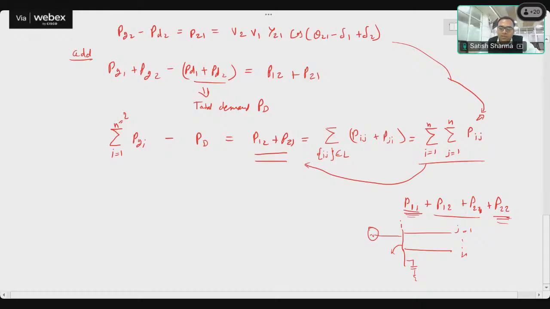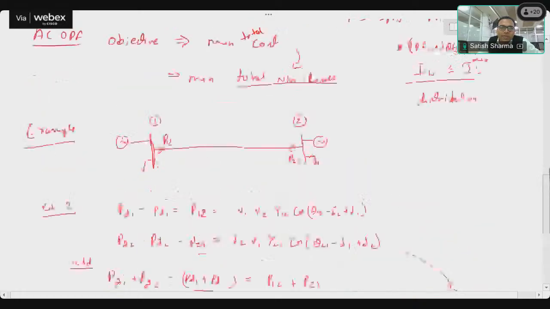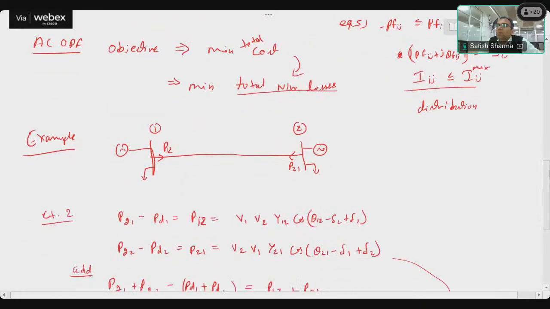That is also included, and it will not have any impact, but the overall losses can be represented by this. Will this value be negative? That is one comment: will this be a negative value? I don't know.